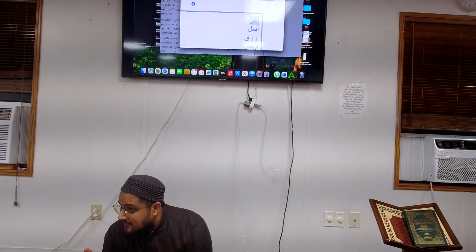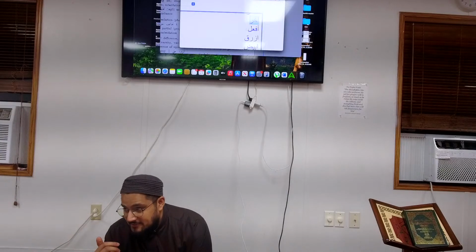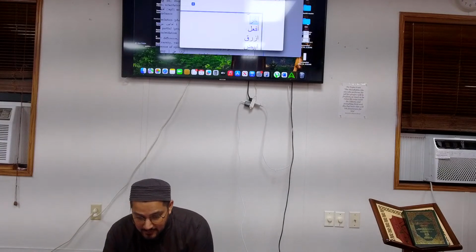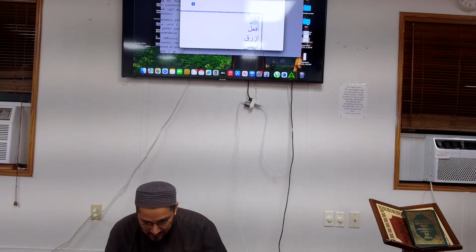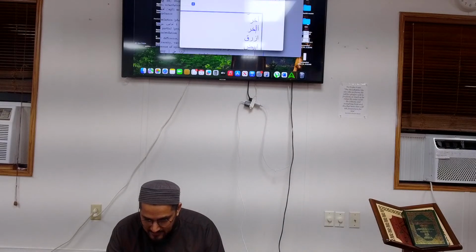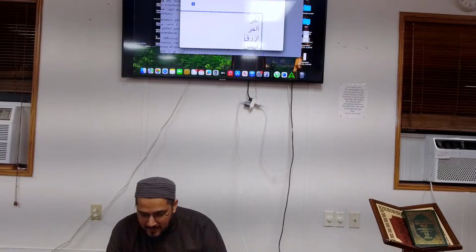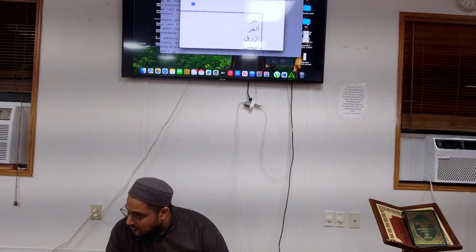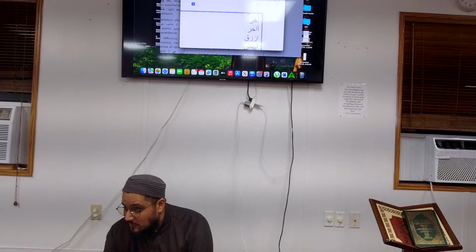So all three letters go in. Now we have two hamzas, because if I take these three and put them right here, this second one is going to transform into an alif. What am I left with? Good. Now this noun can't take tanween. Does that make sense to you?